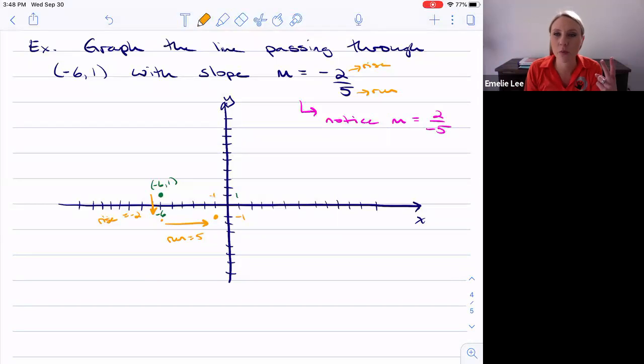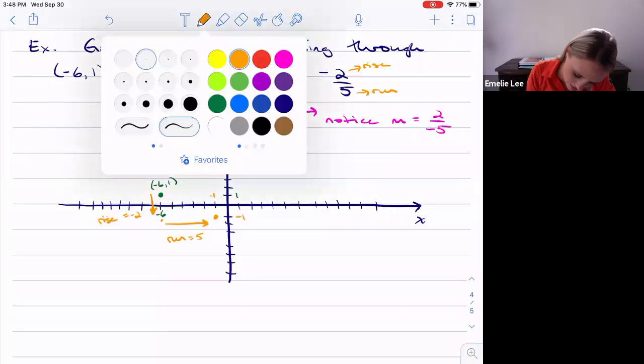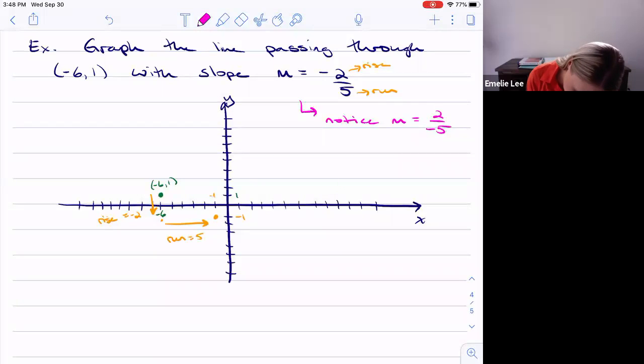So now I have 2 points, right? Or if I go for this option here, if I move up 2 and then to the left 5, right? Let's try that. So if I go up 2 from here, 1, 2, puts me at 3.